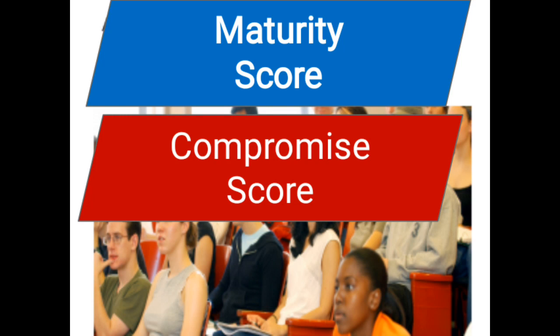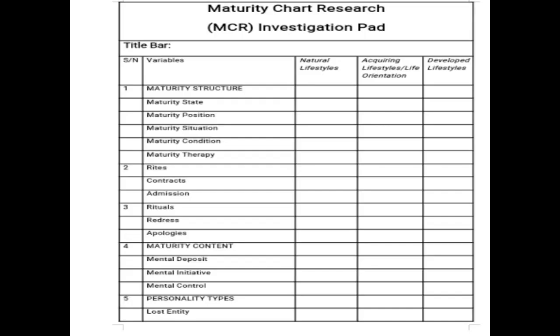So, that's what you can use the MCR to do. This maturity compromise score is actually the value of the community, the maturity value of the community, the life value of the community, the lifestyle value of the community, the reality of the community, and the compromise score is just the value of an individual in the community. And that's what you can do with the MCR.